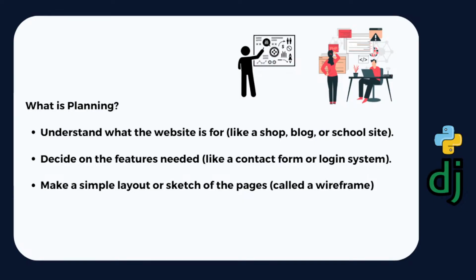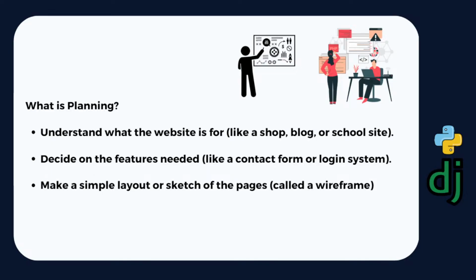Or if you are building a website for a school or college, we show our college details and admission details, everything in that website. A blog is where we share some details. And a shop means an e-commerce website.